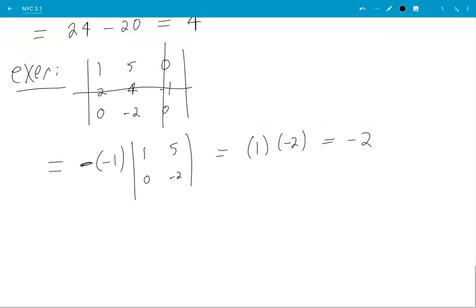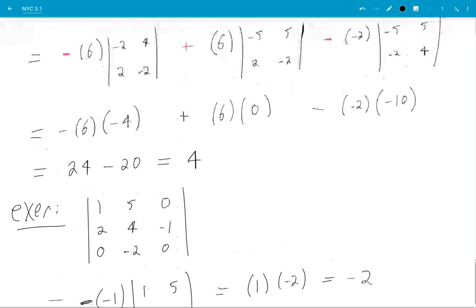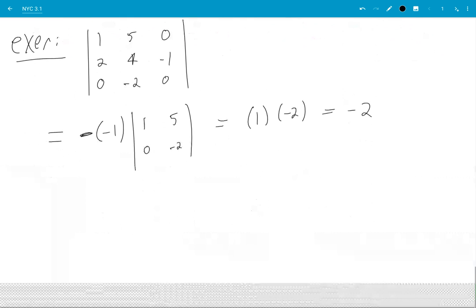Now, I want to repeat. This is worth repeating. I chose the third column because there are lots of zeros. Because I had a 0 here, I just totally didn't even write the first term. Usually there are three terms here, 1, 2, 3. But if I have a 0 right there, then there's no sense in writing the term.